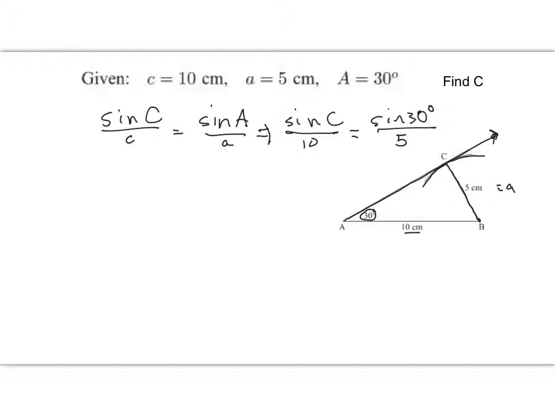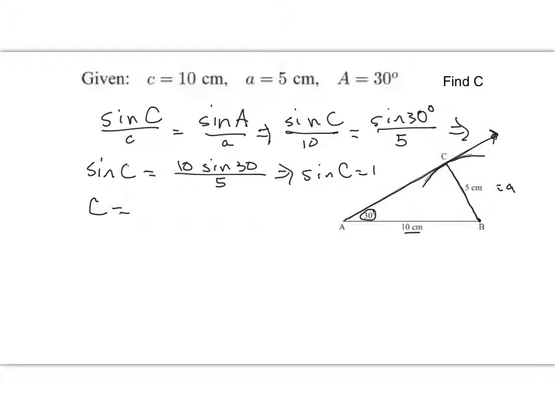Which means that the sine of C equals 10 times the sine of 30 over 5. So the sine of C equals 1. Ooh, does that look familiar to anyone?